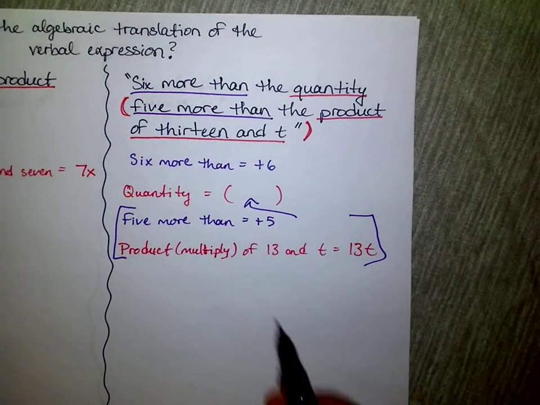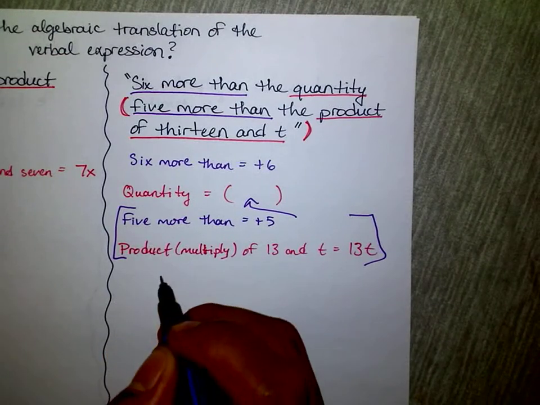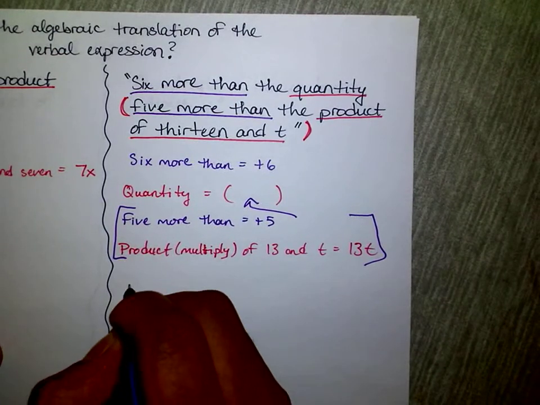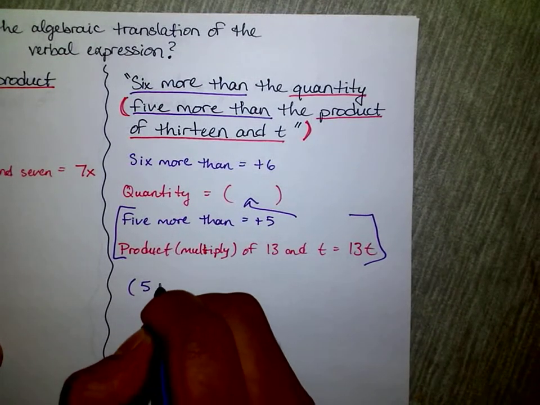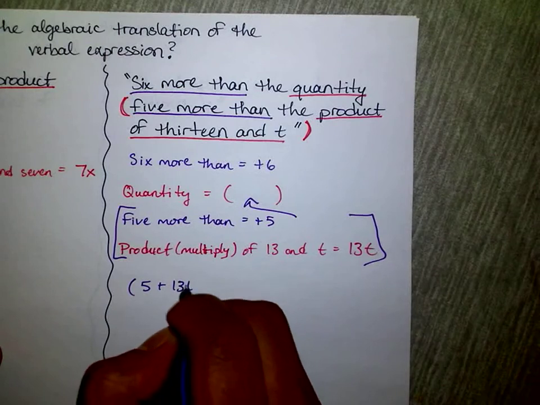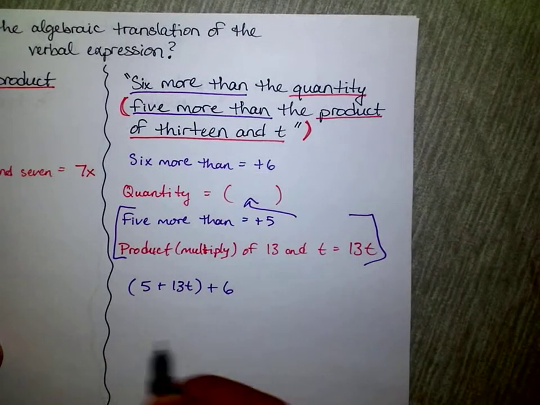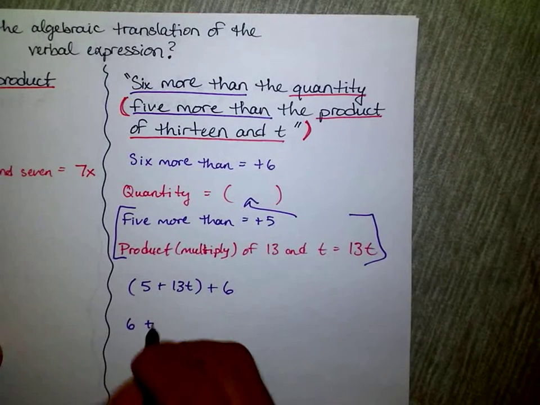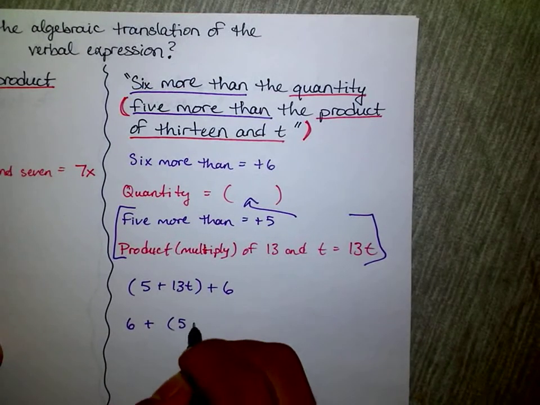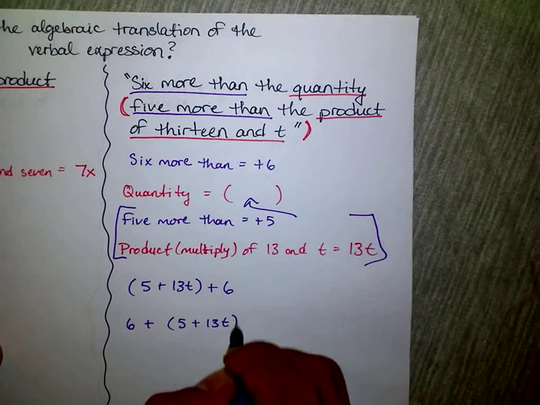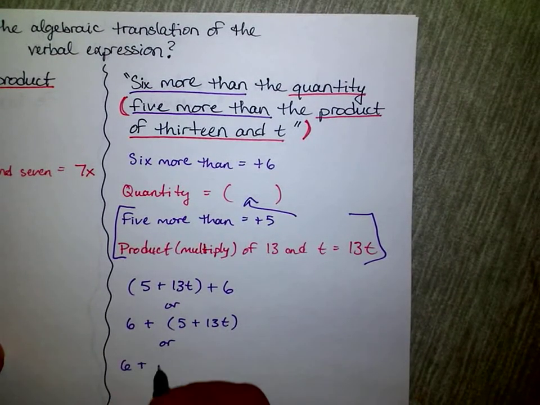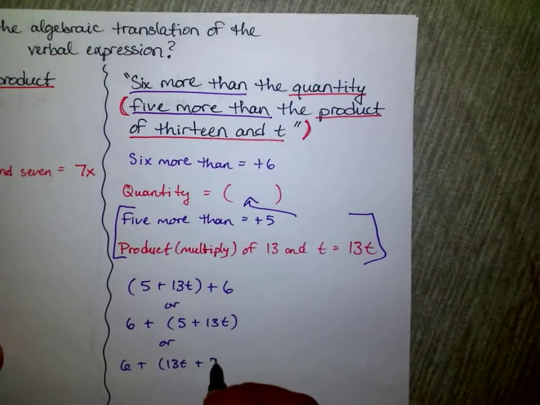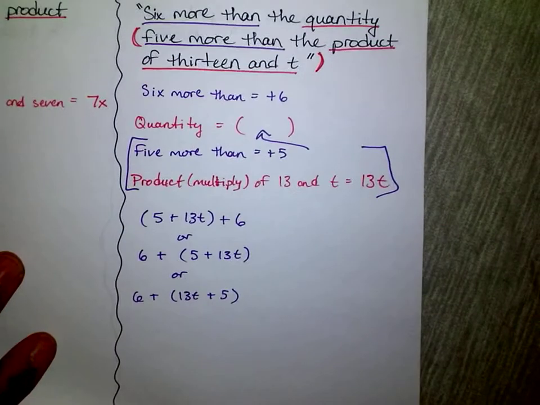So we're going to have the quantity of 5 and 13t increased by 6, or we can say 6 plus 5 plus 13t, or we can say 6 plus 13t plus 5.